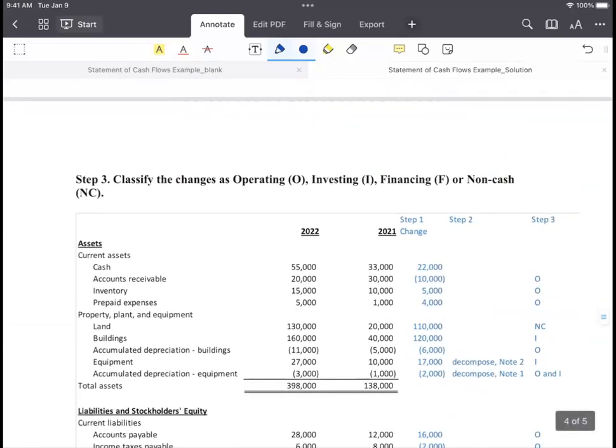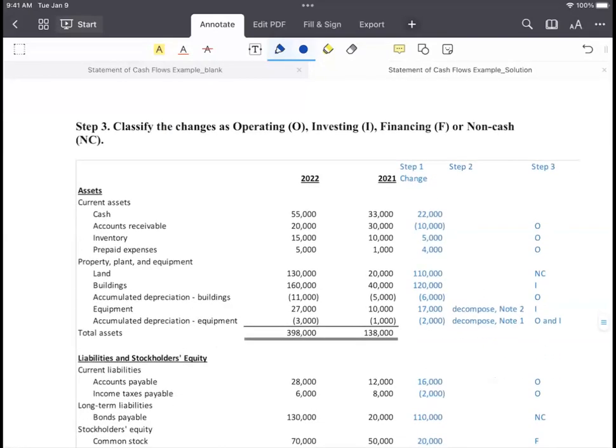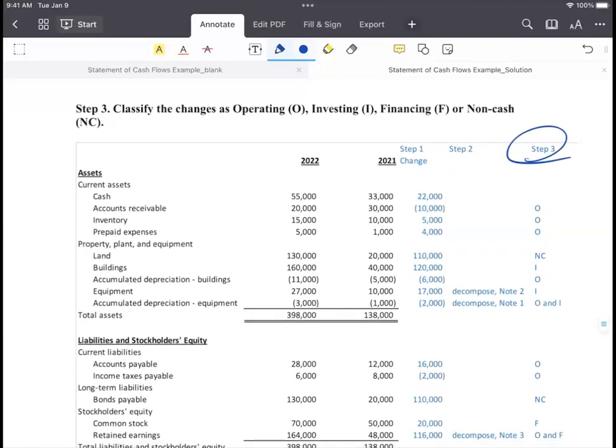After we have done the decomposition, we move to step 3, which is to classify the change as either operating, investing, financing, or non-cash. If you look at step 3 here, the firm doesn't have any investments. If you have investments, that is usually an investing activity.